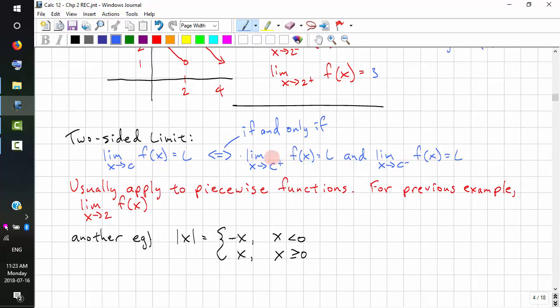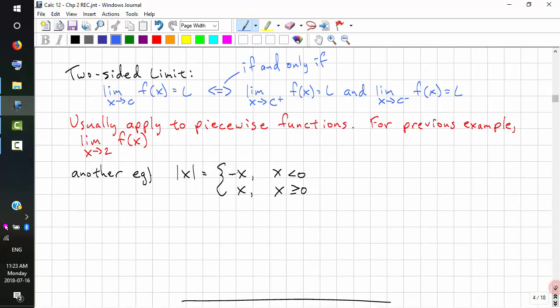If we have this, it means this. So if and only if means it goes in both directions. A lot of the functions that we have are continuous, so usually we need to do the two-sided limits when we have piecewise functions.